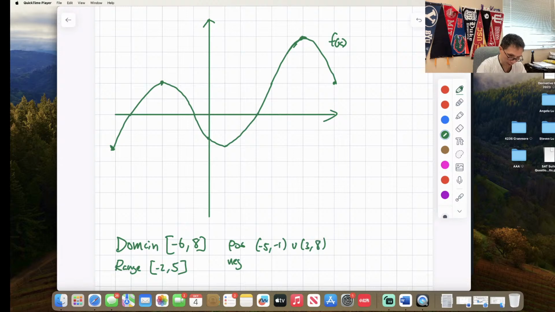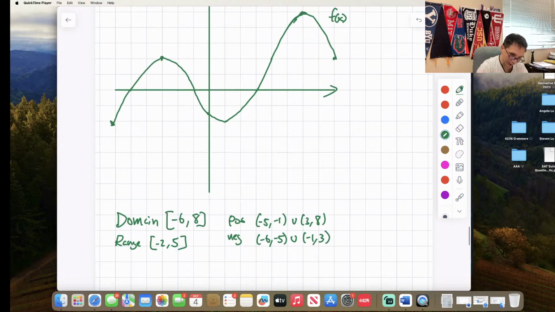Eight. 3 to 8. Is that okay? How about negative? I'm asking somebody else. Anna, can you say negative? Where's the negative? There are two intervals as well. Okay. Negative 1 to 3. Good.